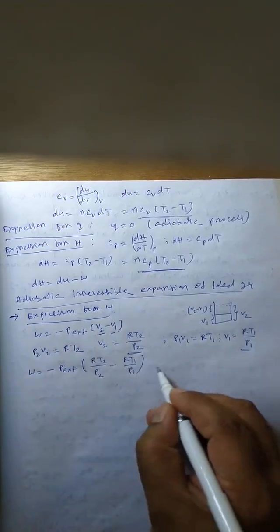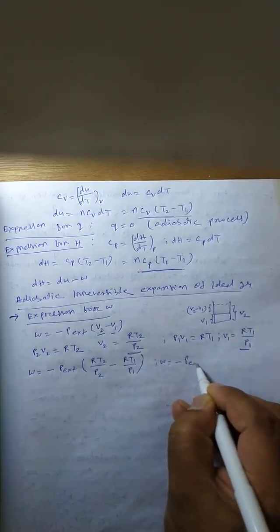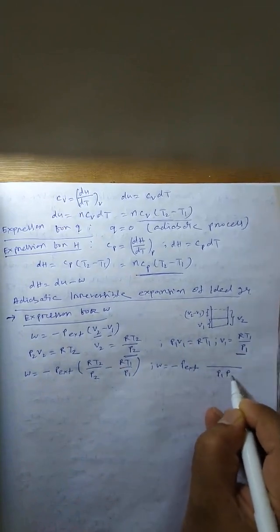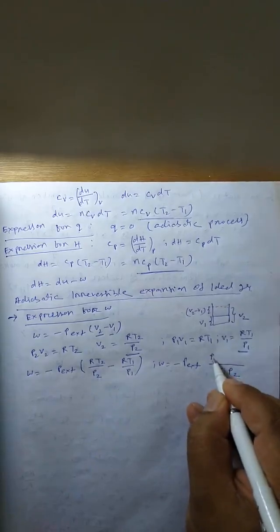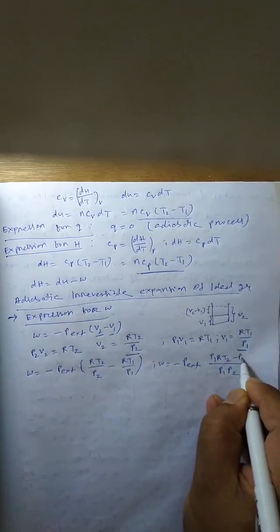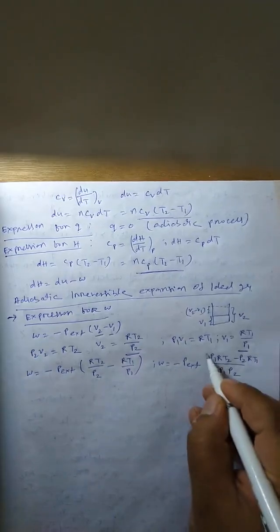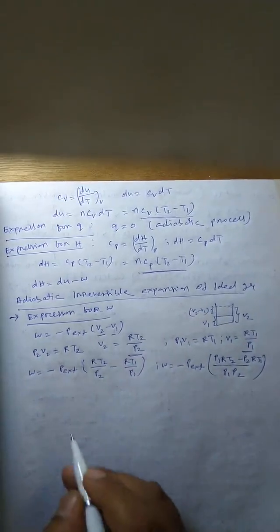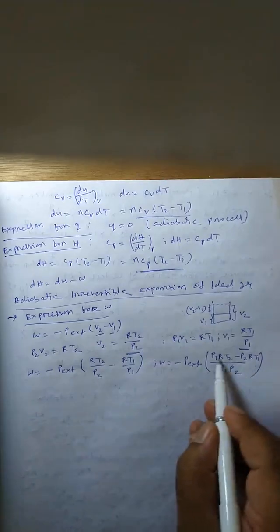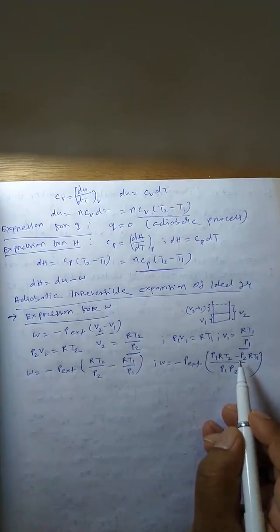Okay, then you take the LCM. W is equal to minus P external times, the LCM is P1P2, we get P1RT2 minus P2RT1 in the bracket. Now you take R common.